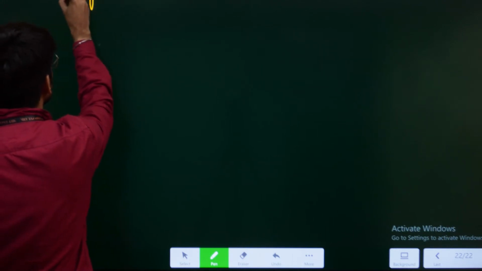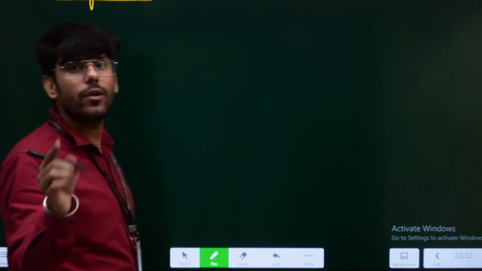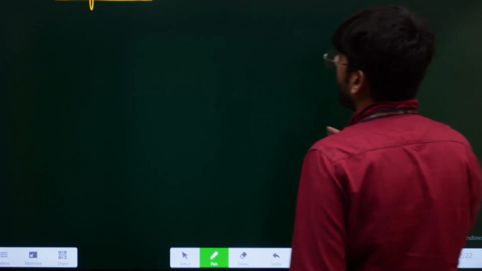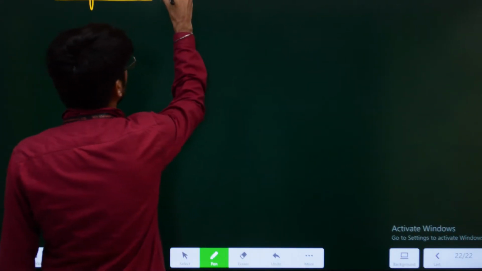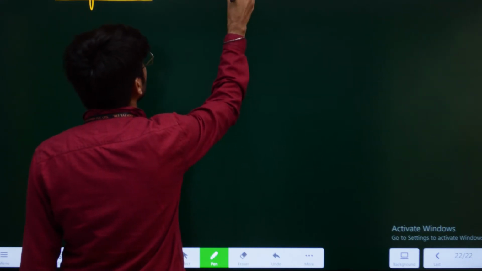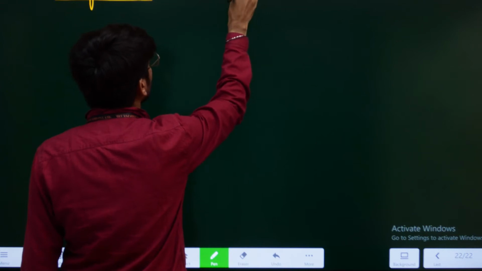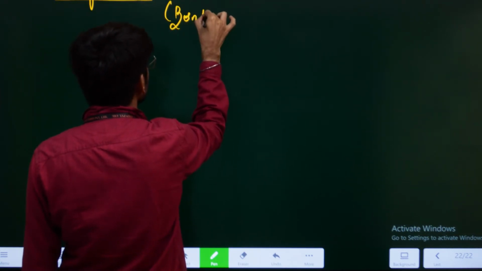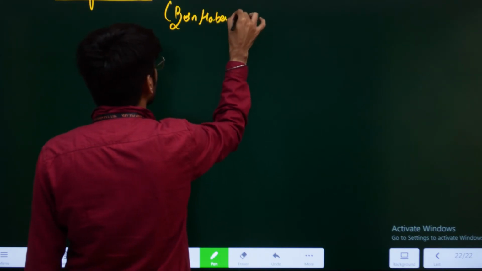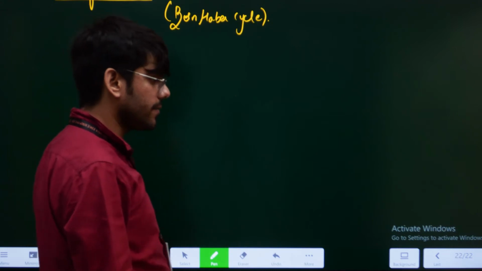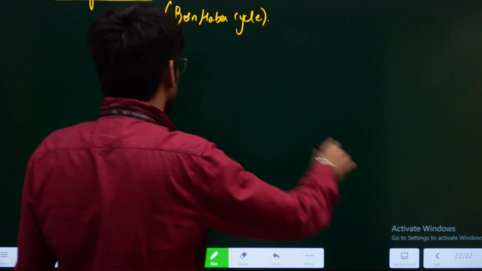There is no direct method to calculate the lattice energy, but we have an indirect method: to calculate lattice energy using the Born-Haber cycle. Now see what it is.